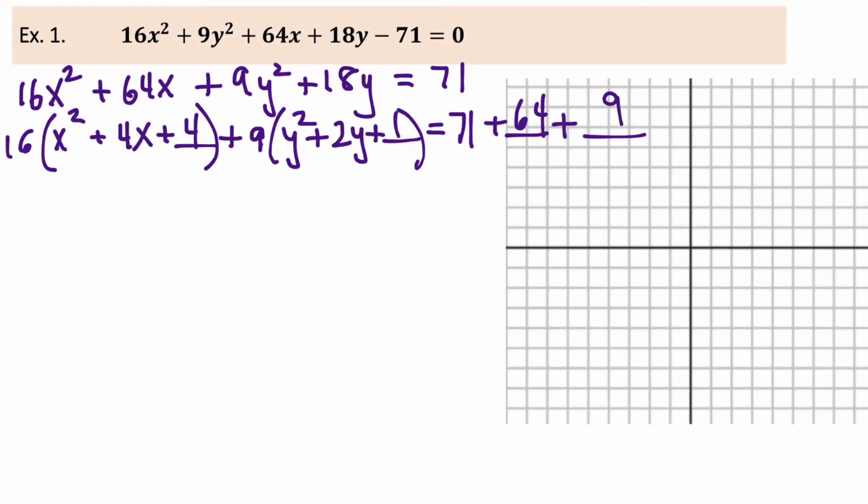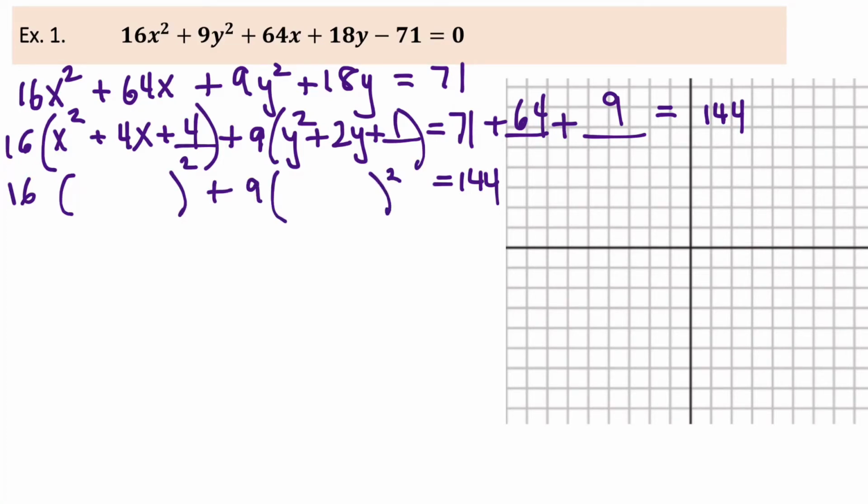So now if I add all those numbers up on the right, I will get 80 plus 64, that's 144. Now I'm going to write my perfect square trinomial in factored form for both of these here.